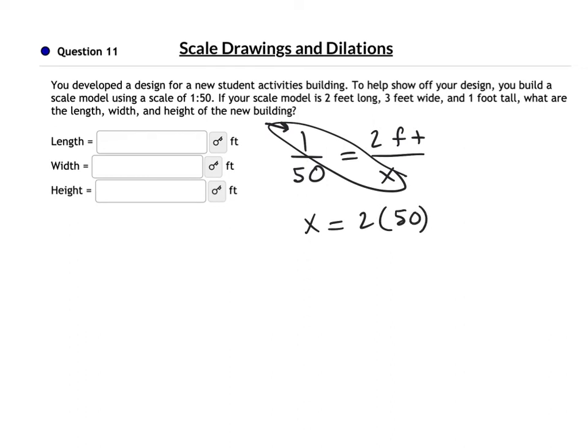In other words, all I did was take the 2 times 50. So I can just take 3 times 50 and 1 times 50 and I'm done. So the length would be 100, 2 times 50. Multiply by 50. 3 times 50 is 150. Multiply by 50. 1 times 50 is 50.